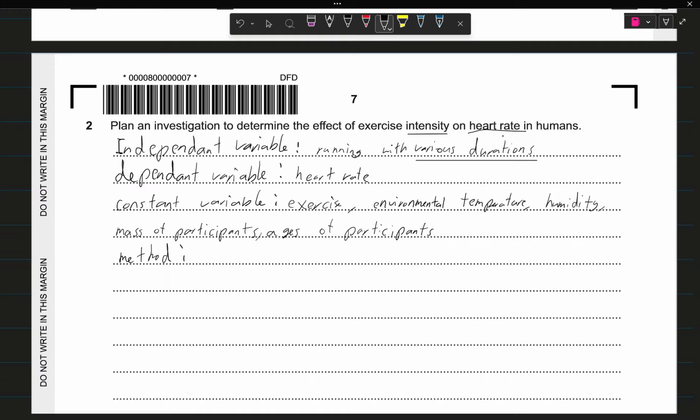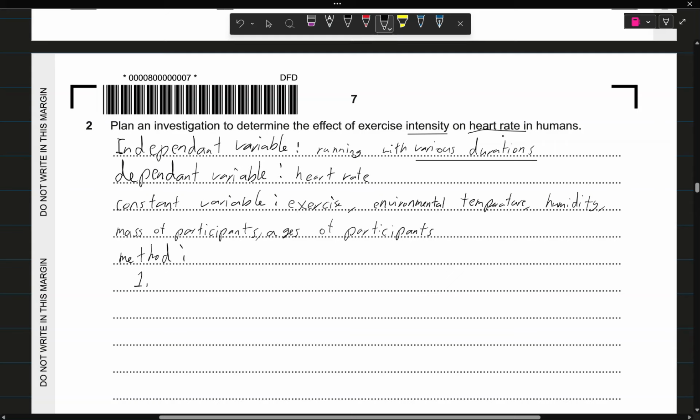This is what we chose. For running, of course, we need treadmills. And you need to explain how you keep the environmental temperature constant, how you keep the humidity constant, and how you assess the participants themselves.